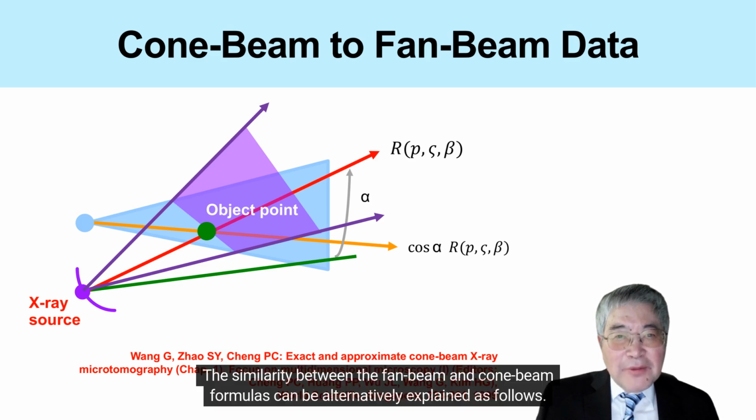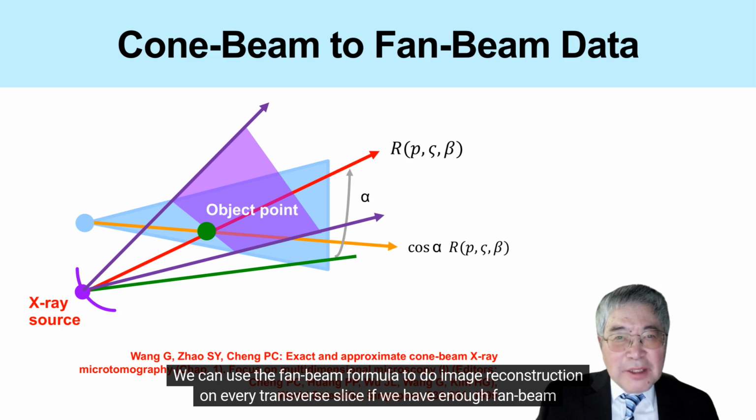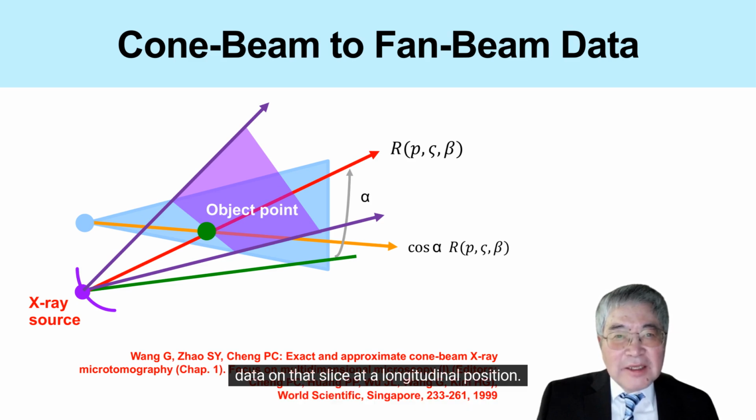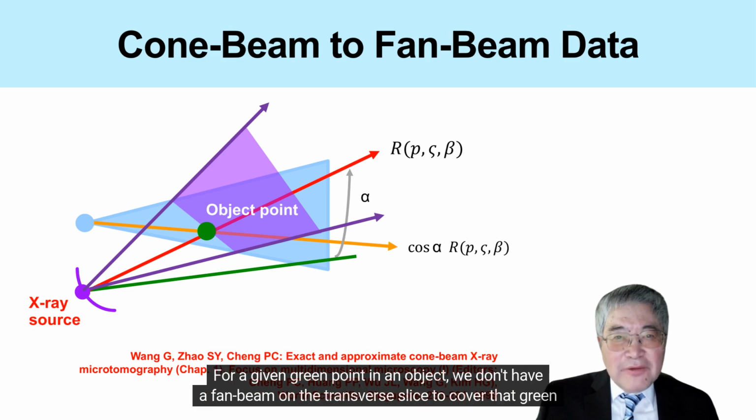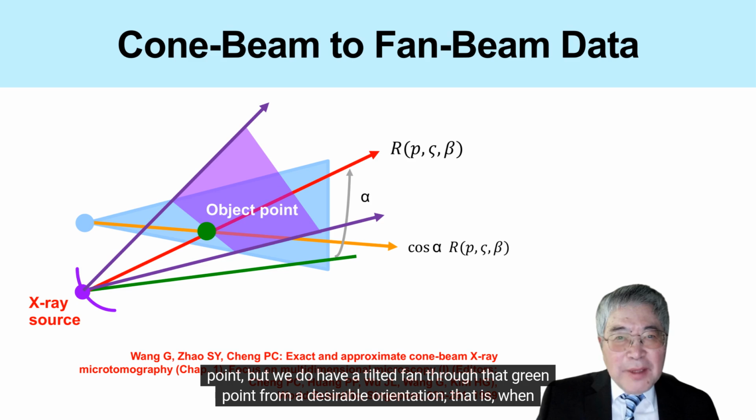The similarity between the fan beam and cone beam formulas can be alternatively explained as follows. We can use the fan beam formula to do image reconstruction on every transverse slice if we have enough fan beam data on that slice at a longitudinal position. For a given green point in an object, we don't have a fan beam on the transverse slice to cover that green point, but we do have a tilted fan through that green point from a desirable orientation.